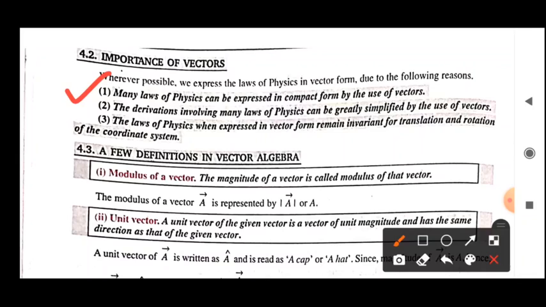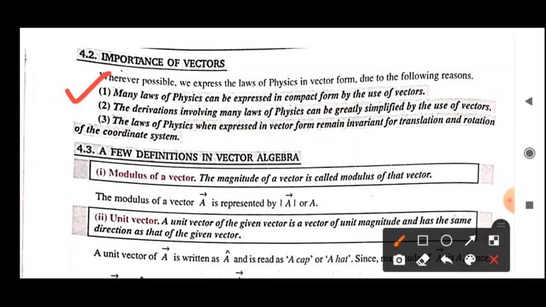Second, the derivations involving many laws of physics can be greatly simplified by the use of vectors. Third, the laws of physics expressed in vector form remain invariant under translation or rotation of the coordinate system. So if we change the coordinate system, what we have expressed in vector form will not change, and that helps us see the invariant property of the quantities.